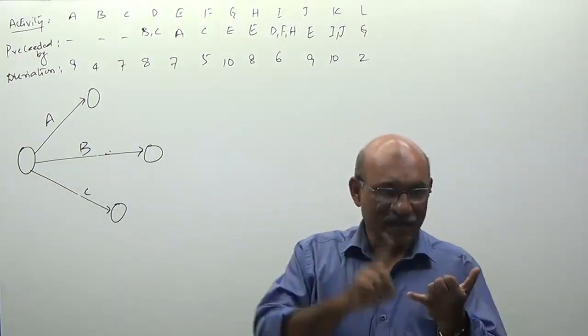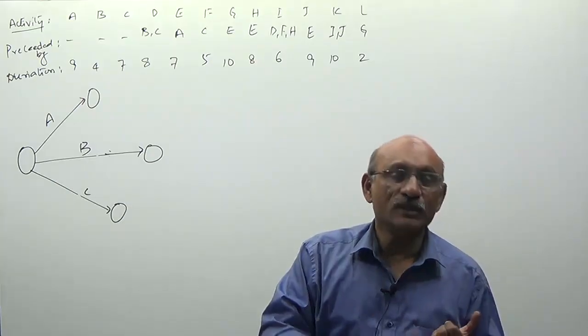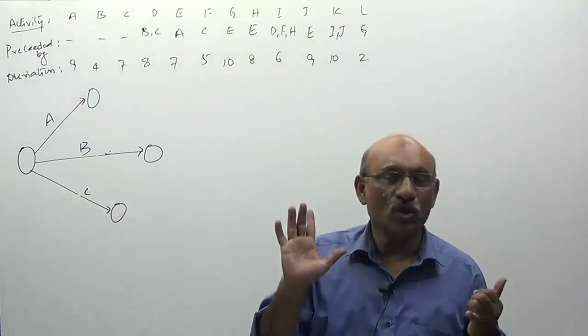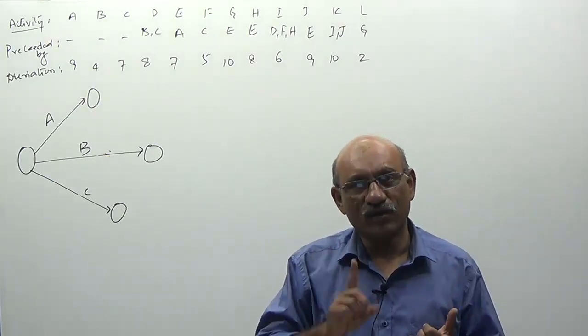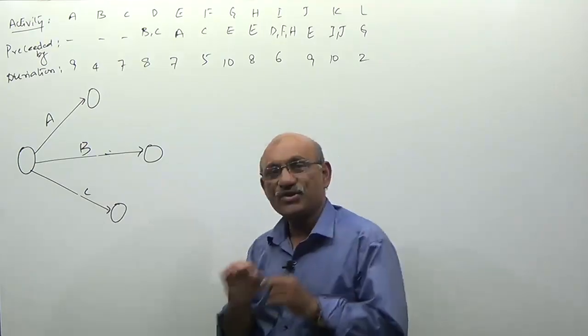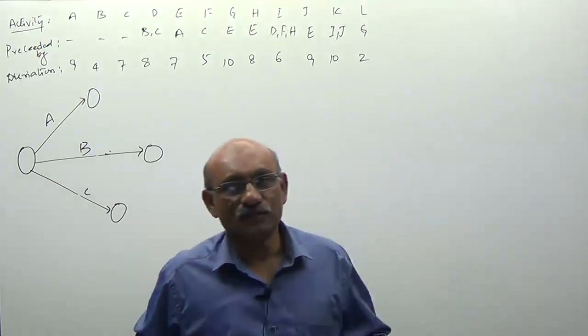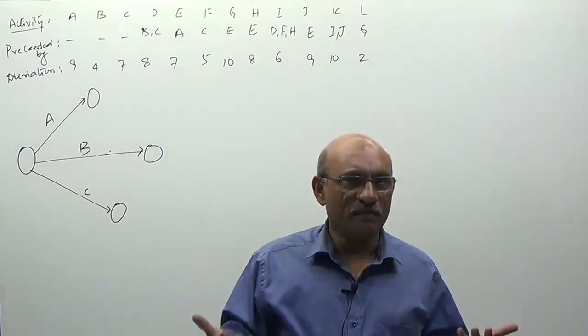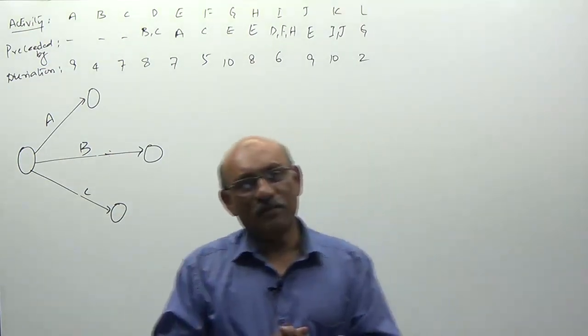As per our network rules, no two activities can have the same initial and terminal nodes. Therefore, I cannot join B and C straight away. Then how can I join? With the help of a dummy activity. What is a dummy activity?